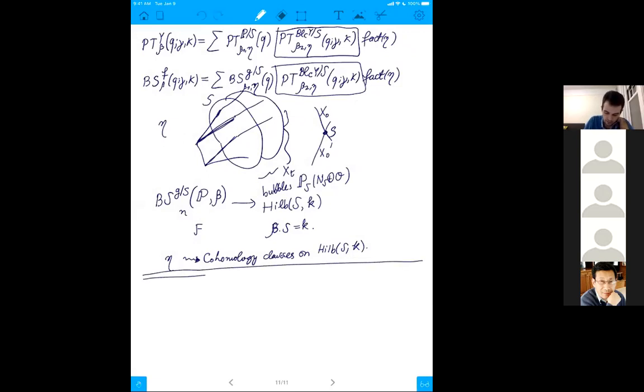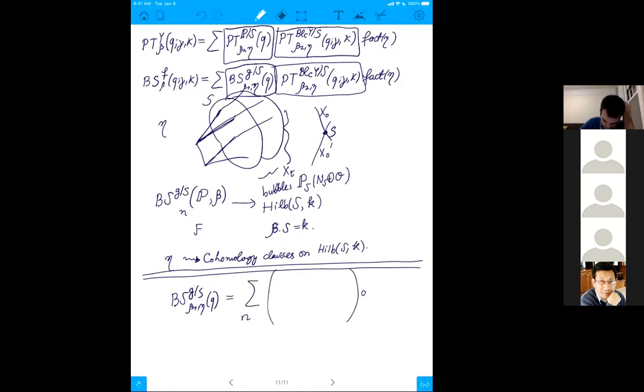Okay, so maybe one more thing about these cohomology classes. I should also say what are the terms that appear in this generating series. So for example, in this relative BS pair with no insertions, its terms will be a sum over n, an integral of the virtual fundamental classes of these relative spaces.